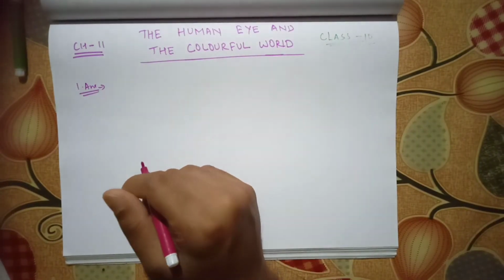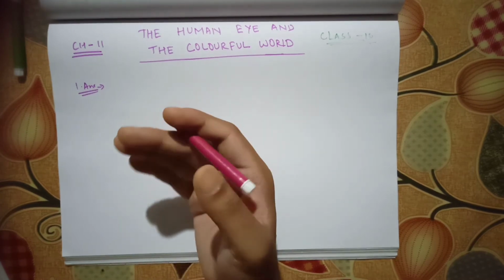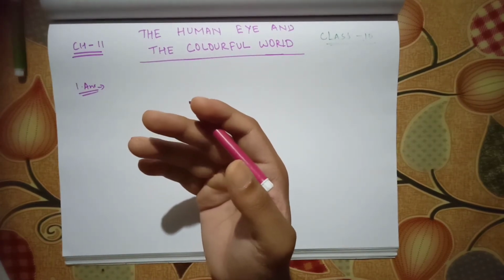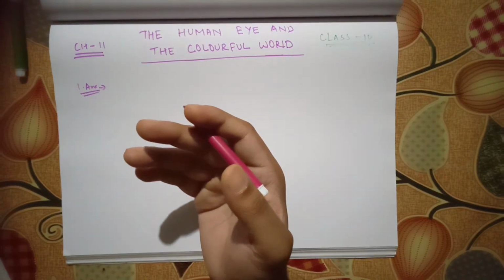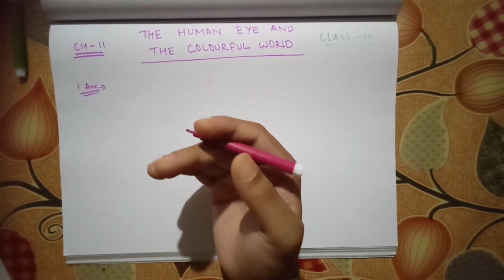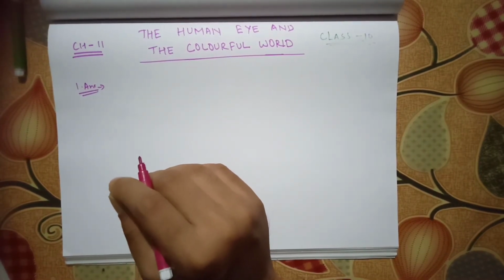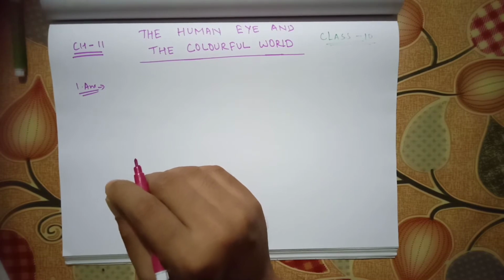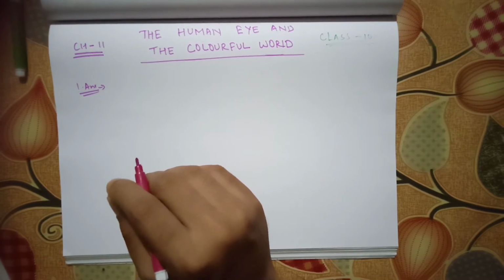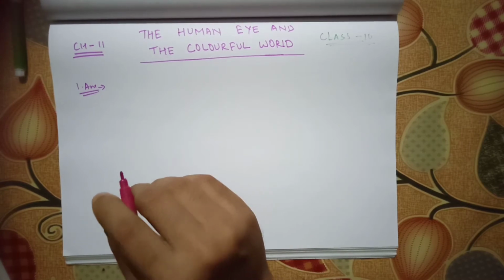As we can see, A, C and D, these three are disorders. Nearsightedness means myopia, farsightedness means hypermetropia, and in presbyopia we can see the cases of both nearsightedness and farsightedness.